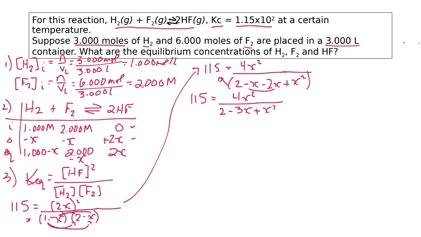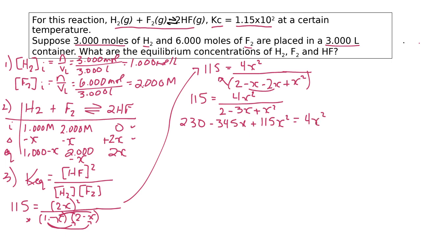So 115 times 2 is 230. 115 times negative 3x is negative 345x, plus 115x squared. And then I'll leave it here, is equal to 4x squared.